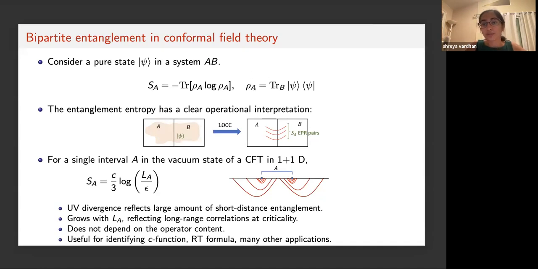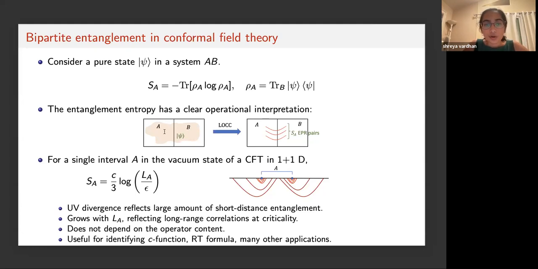You look at the reduced density matrix on the subsystem A, and then take the log of rho A and the trace in this way. This quantity has a very clear operational interpretation in terms of measuring bipartite entanglement between A and B, which is as follows.